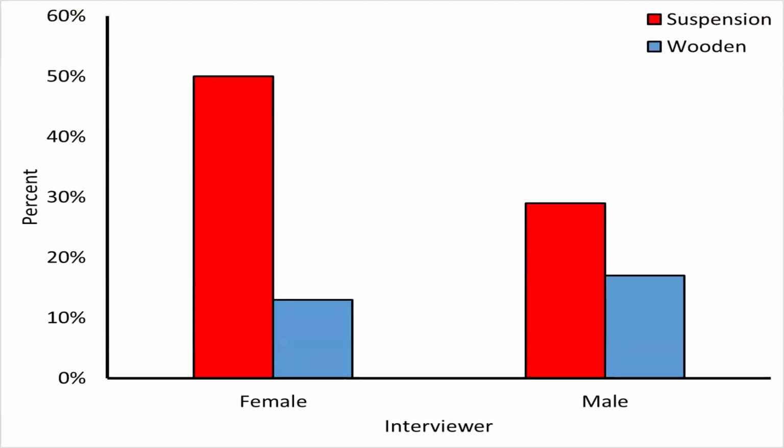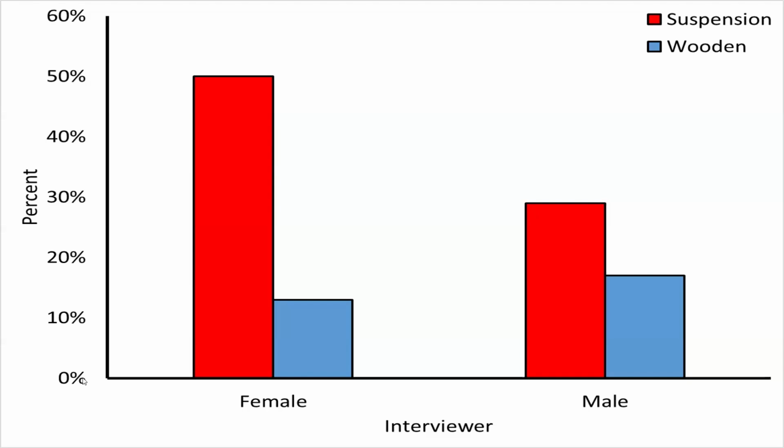So when you see a chart like this, and you take a look at the number of people that are actually phoning, first off, let's start with the male interviewer. You can see that the suspension bridge had more calls than the wooden bridge did. So if you accepted that number on the suspension bridge, you were way more likely to call that interviewer later than if you did it on the wooden bridge, if they were a male interviewer.